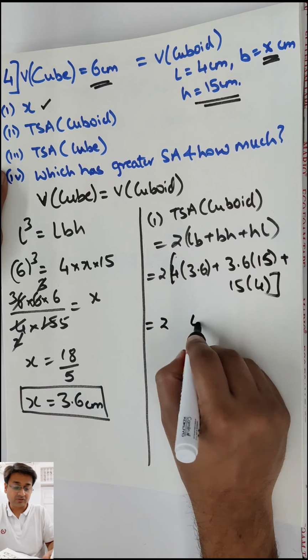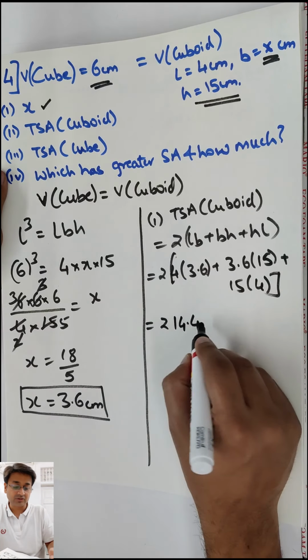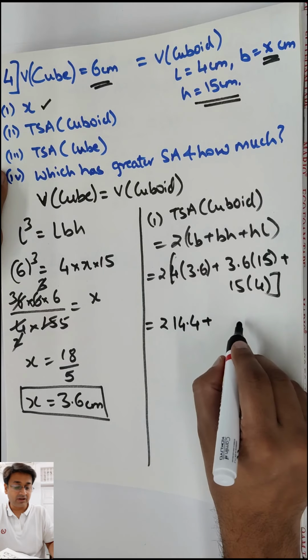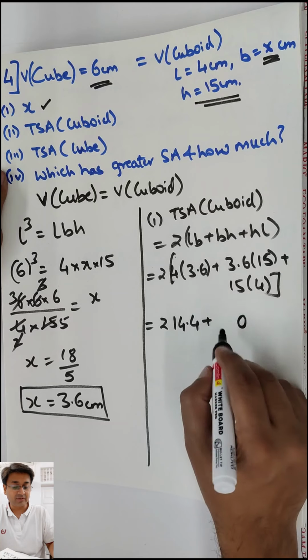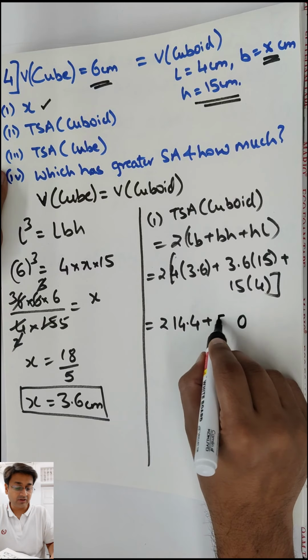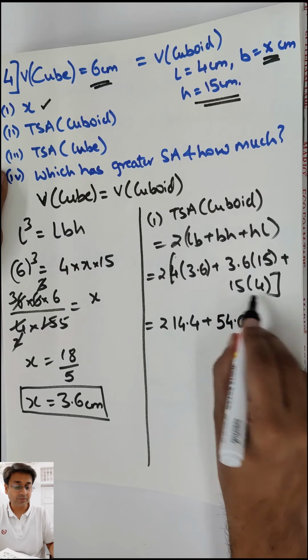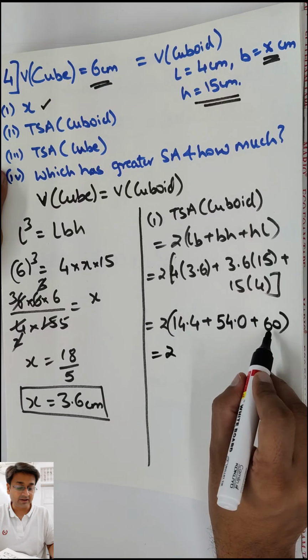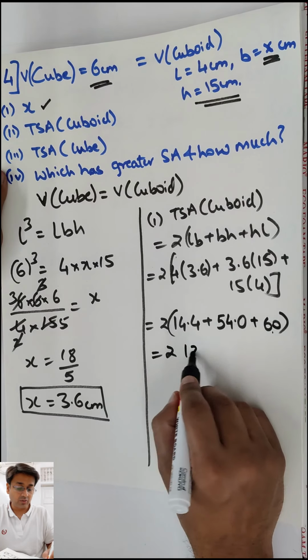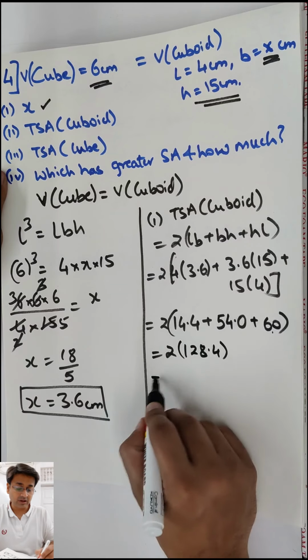So I will get 6 4s are 24, 14.4, 15 6s are 90, 15 plus 45 plus 9, 54.0, and this is going to be 60. So 2 times I'll have to add everything, so 114, 128.4, and now multiply.